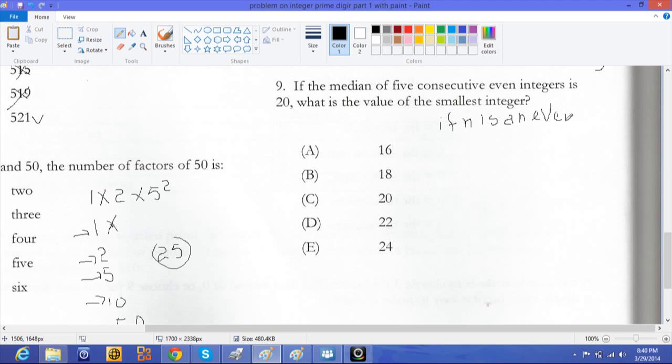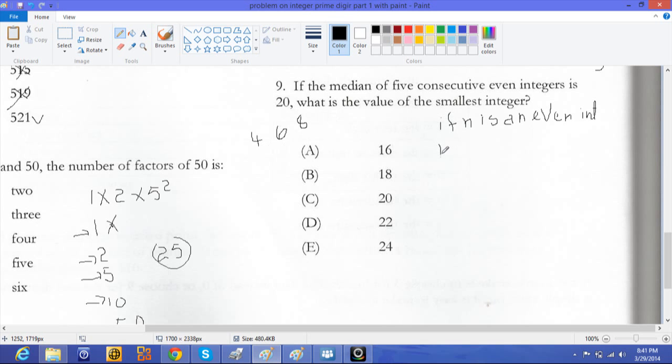We choose n as an even integer. Let's take an example. Let's say I have 4. The next one is going to be 4 plus 2, which gives me 6. The next one is going to be 8. If you want, the next one is going to be 4 plus 4, okay?